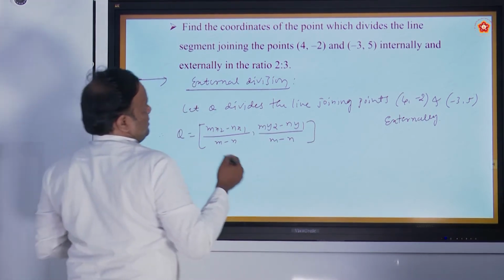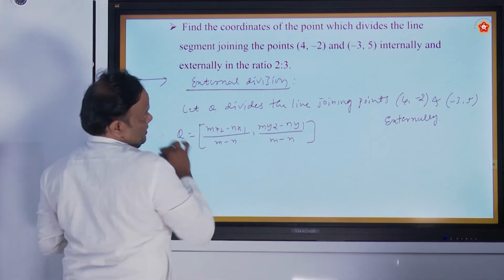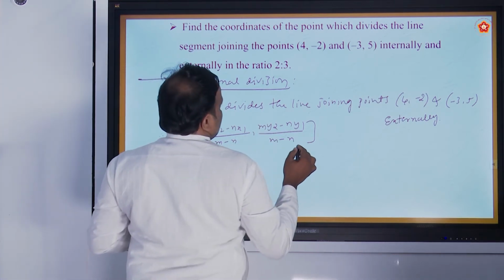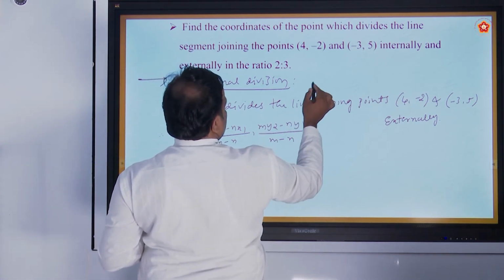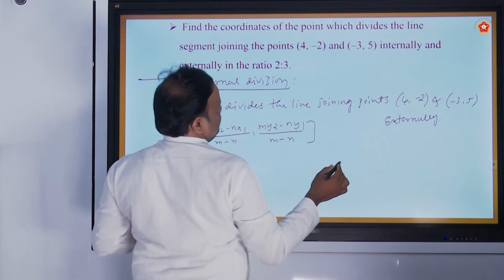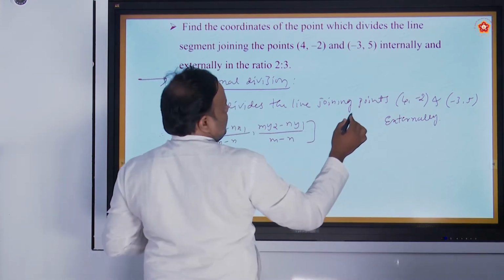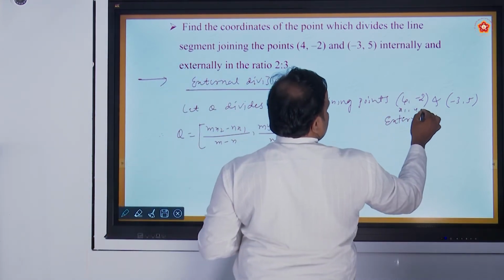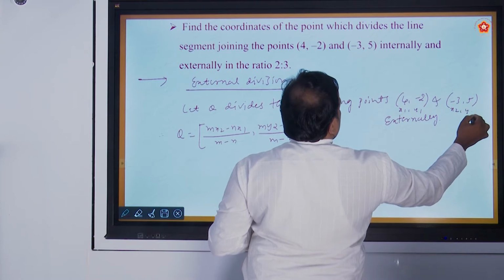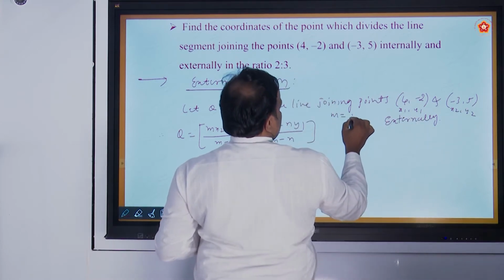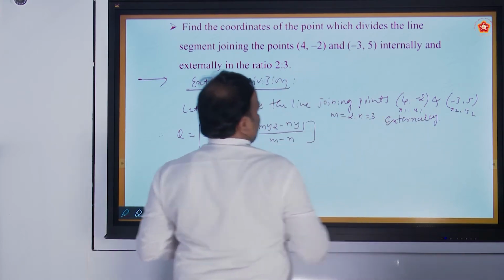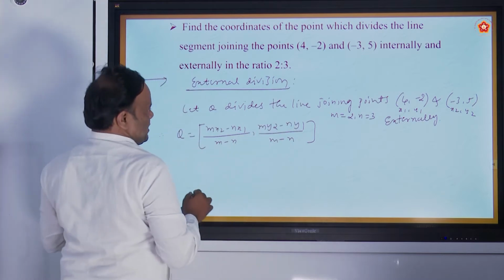Same process as the previous internal division. Here the point is x1, y1 and this is x2, y2. What is m? m is 2 and n is 3, correct? The ratio m:n is the same.